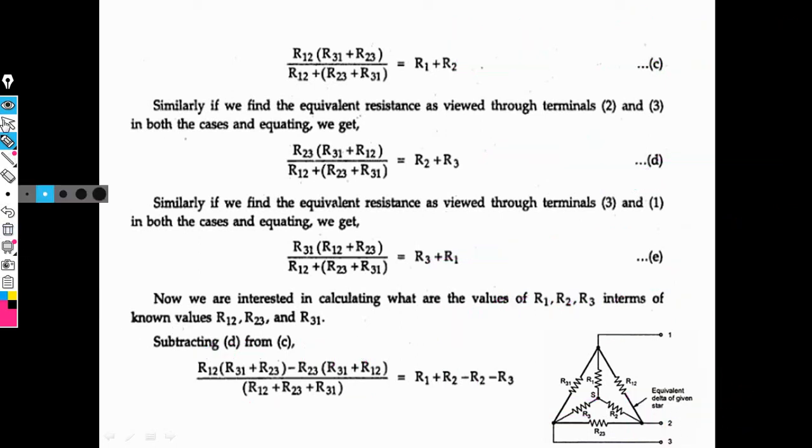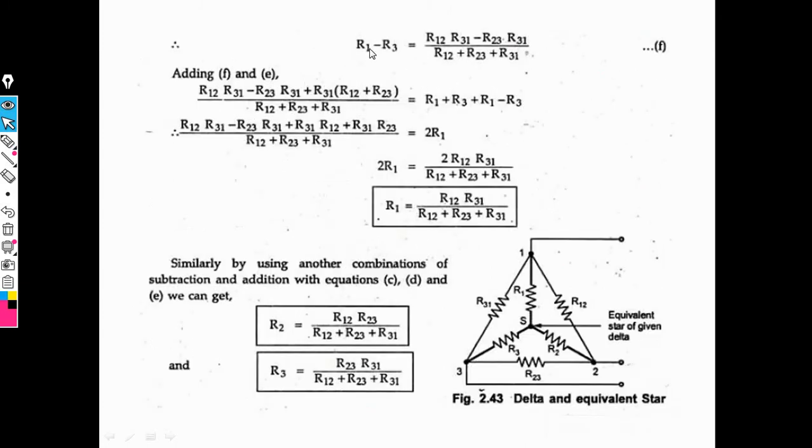The next equation is R1 minus R3 equals R12 into R31 minus R23 into R1, upon R12 plus R23 plus R31.